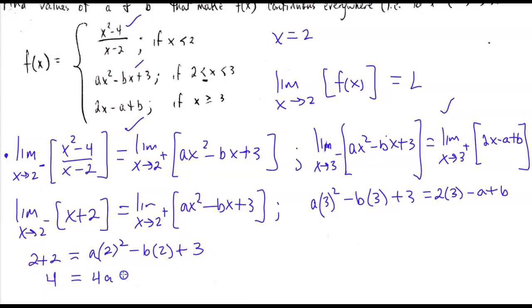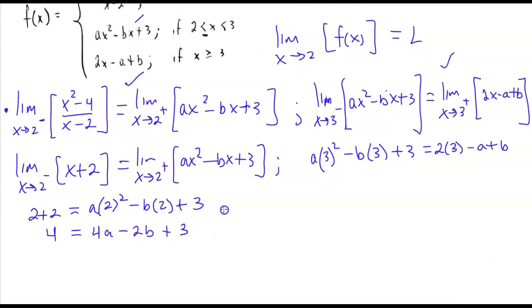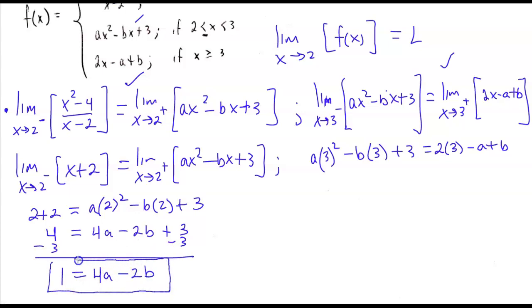This will be 4a minus 2b plus 3. And then if I subtract 3 from both sides here, what I'll have is just 1 is equal to 4a minus 2b, okay?